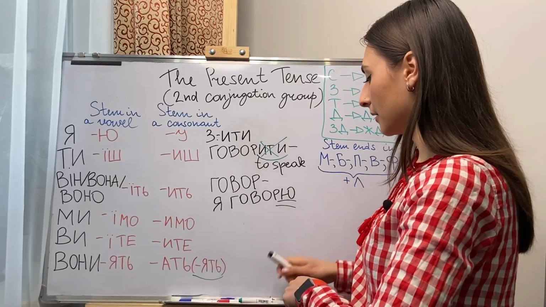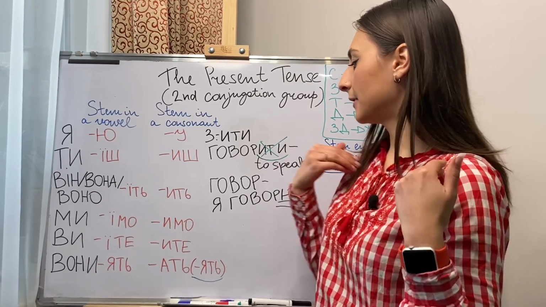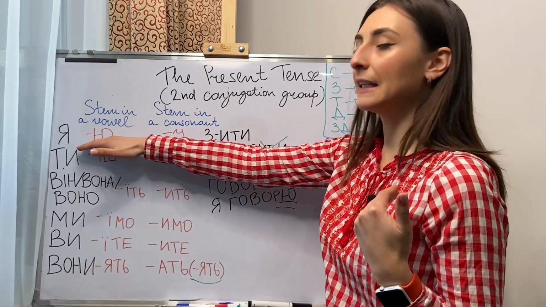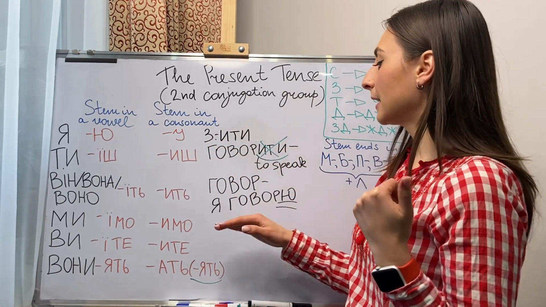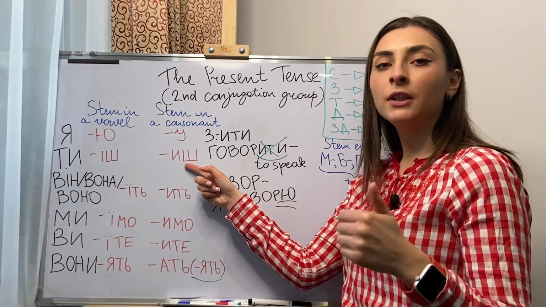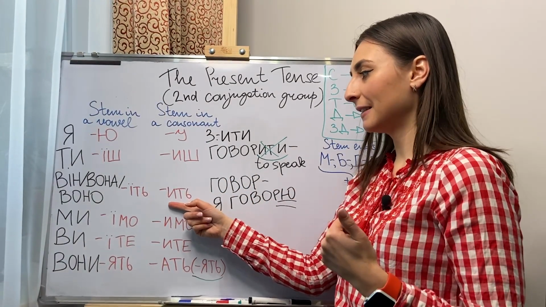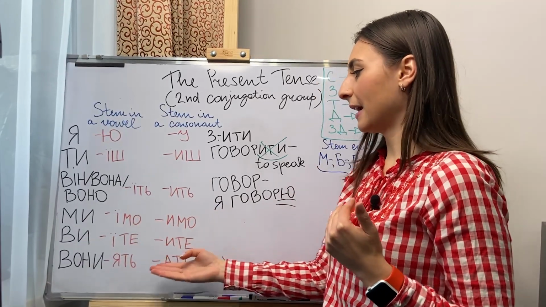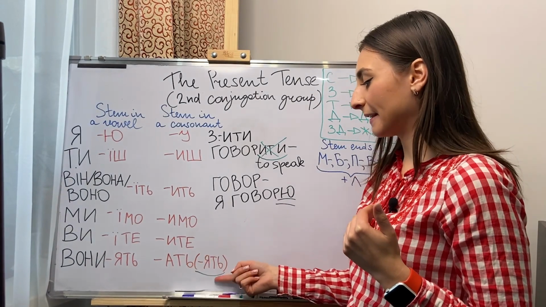So let me just tell you. I speak, я говорю. But you speak, ти говориш. Він, вона, воно говорить. Ми говоримо. Ви говорите. Вони говорять.